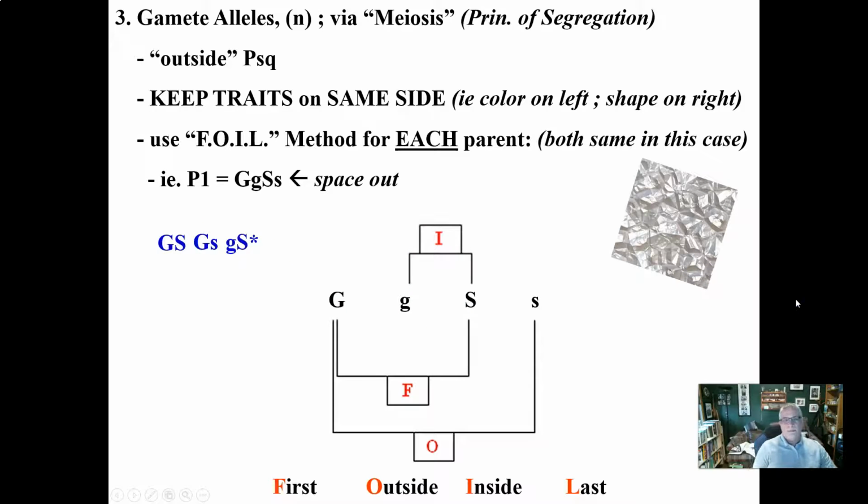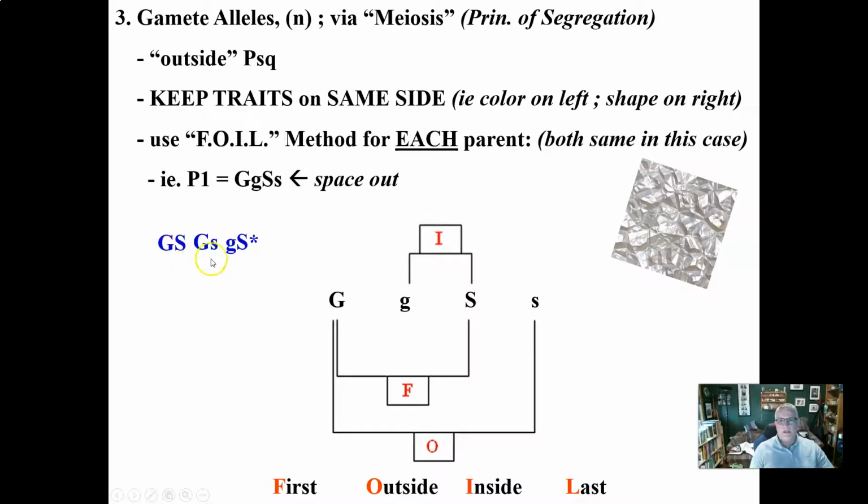Now, you notice I have a little asterisk right here. Here we have a bit of an exception. When you figure out gametes for Punnett squares past monohybrids, like dihybrids, the uppercase in front of the lowercase rule does not apply when you figure out the sex cells. So it's better to keep the traits separate on the same side.